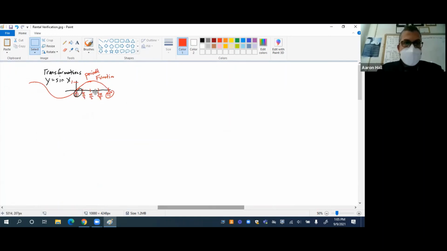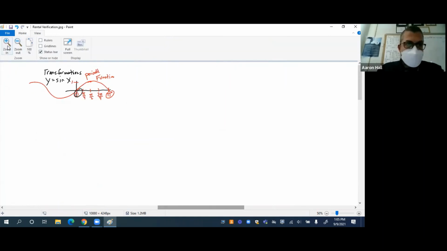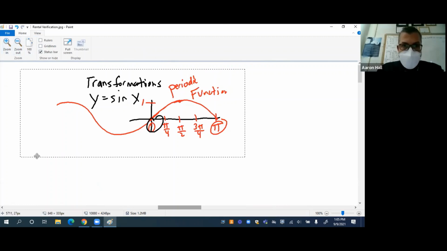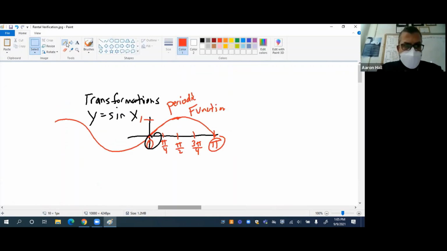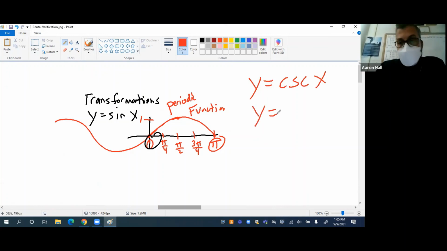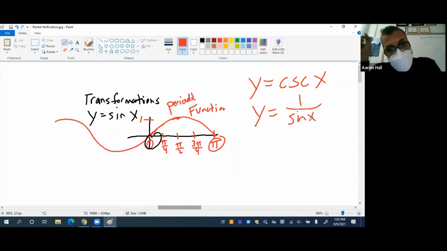So I want to graph, let's zoom in on this, y equals cosecant of x. Now cosecant is a reciprocal, so I could rewrite this as 1 over sine of x. Now we have a fraction again, which means that the denominator can never be 0.